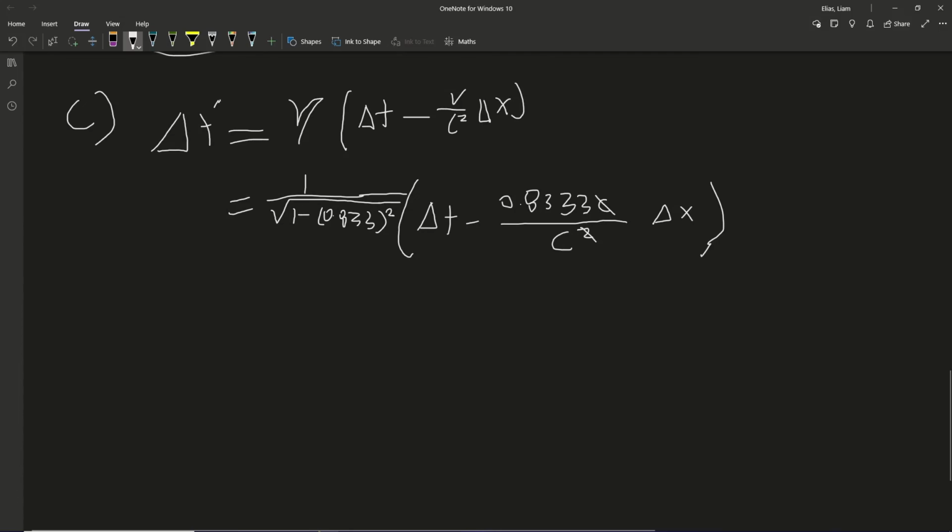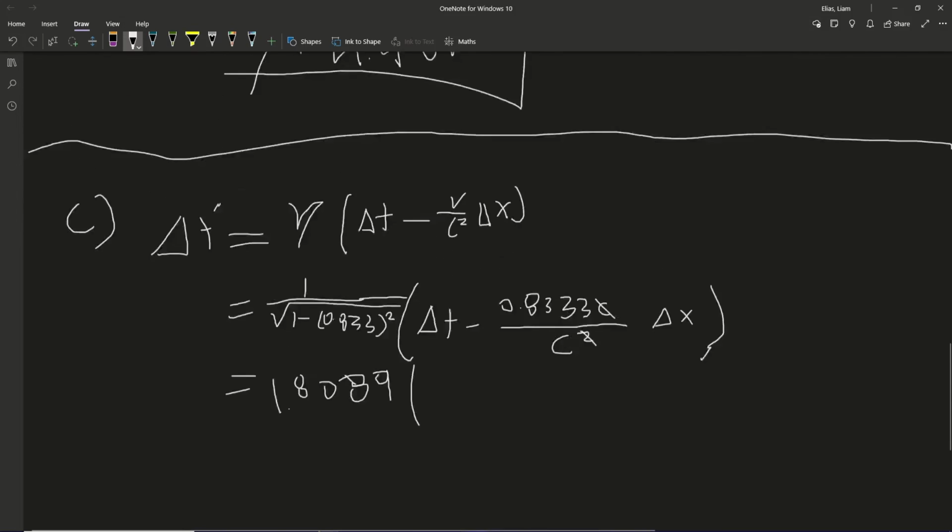And a lot easier computations when you're punching it into your calculator. So from here, if you calculate this, it comes out to, let me see here, I have it written down, 1.8089, so times delta t.